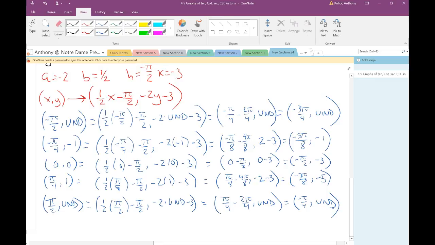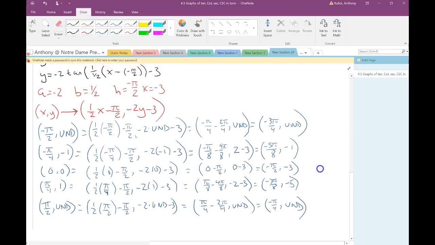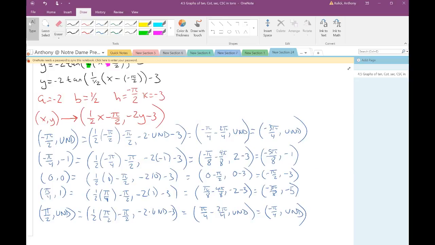Okay, so let's get ready to graph this. Now, if I'm going to graph this, how should I make my x-coordinates? What should I be going up by? I would go up by 8ths of a pi, because I can rewrite this as negative pi, or 6 pi over 8.